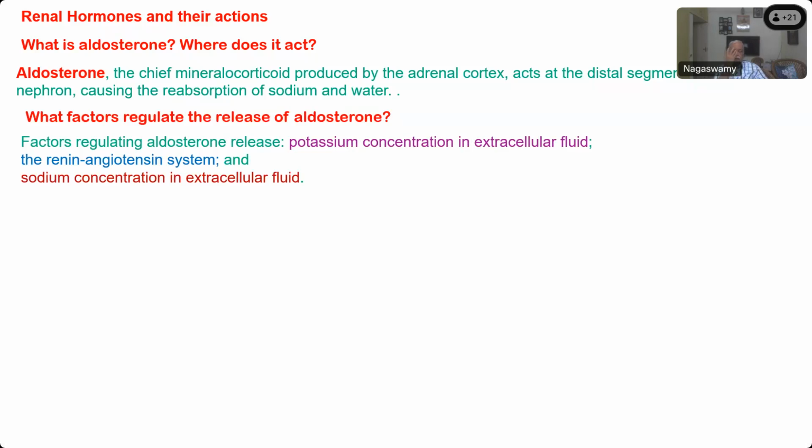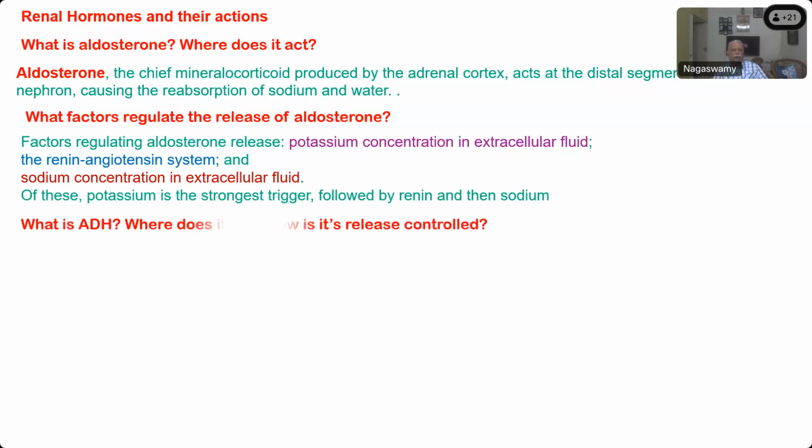Then the renin-angiotensin system is the second important thing which stimulates the aldosterone, and sodium concentration in the extracellular fluid. These are the three factors which are responsible, but among these, potassium is the strongest trigger, followed by renin and then sodium. So that is the order. Potassium level is the strongest trigger for release of aldosterone. Second will be the renin release. Third will be sodium level.